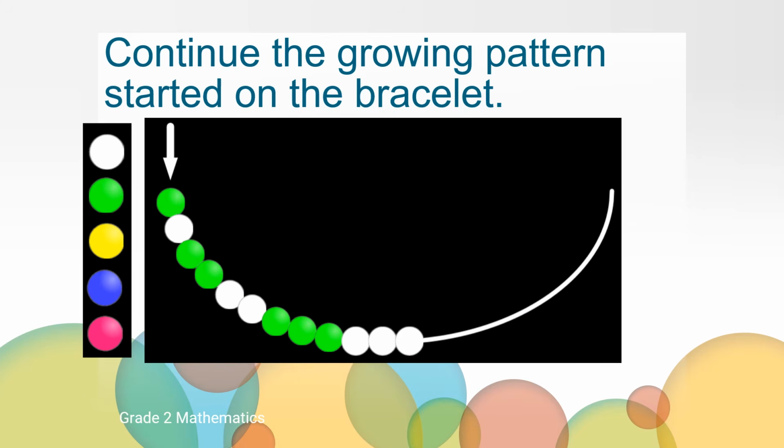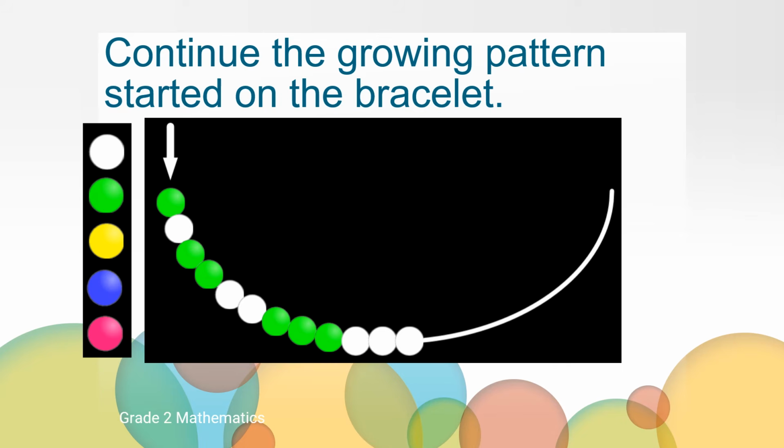Let's try another one. I was also making a bracelet for my neighbor. Help me finish the bracelet. What would it look like? What color do you think comes next?